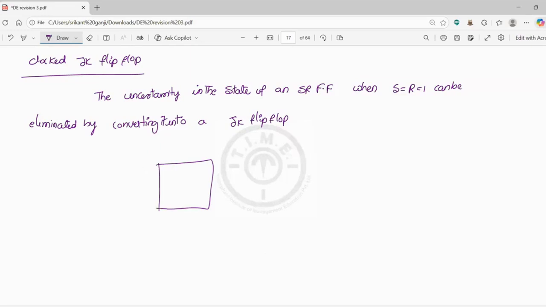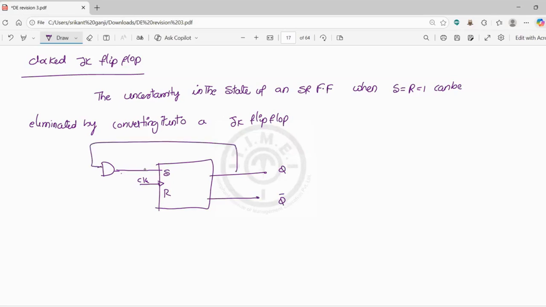So this is S, or here I am going to give the clock pulses. Here I am giving an AND gate. So this is called Q, and this one is called Q bar.